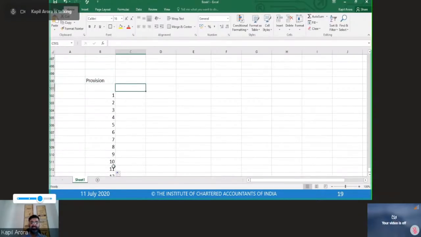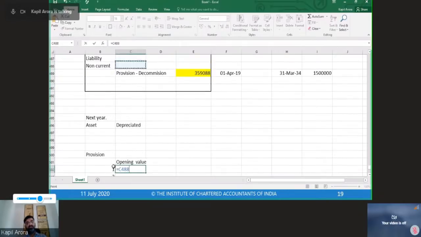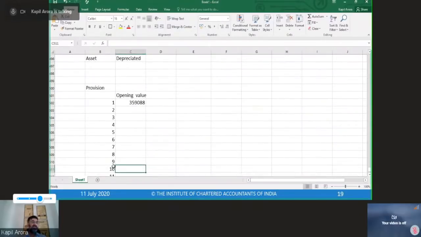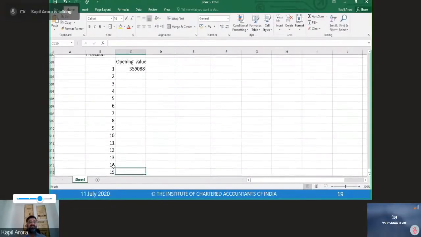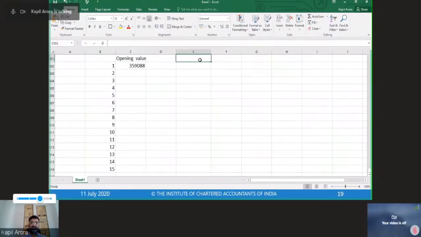Today, the opening value of this is 3,59,088. Now to take it to the 15 lakh, which is the closing value, what should I do to take it to the 15 lakh? I need 15 lakh here at the 15th year. So what should I do? How should I take this to 15 lakh rupees?